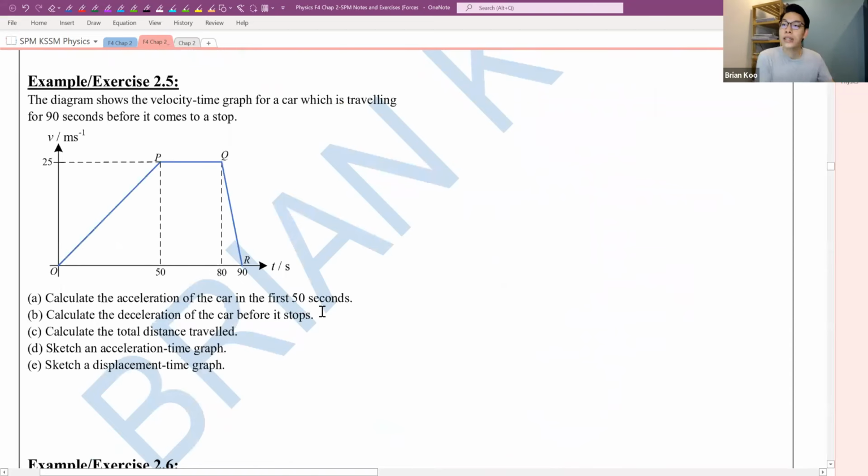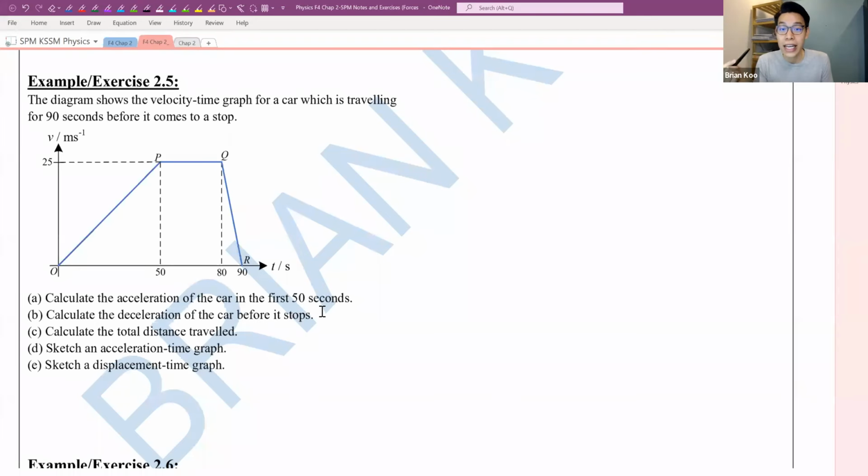2.5. The diagram shows the velocity time graph for a car which is traveling 90 seconds before it comes to a stop. Let's look at this velocity time graph and maybe let's not rush into it this time like the previous one.